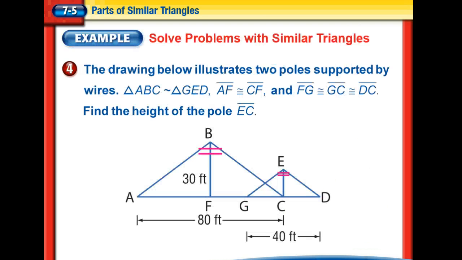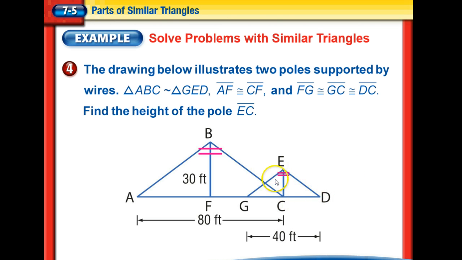Here's another problem that you'll see with similar triangles. Here we have two poles supported by wires, so that we know that triangle ABC is similar to triangle GED. AF is congruent to CF. FG is congruent to GC and congruent to DC.